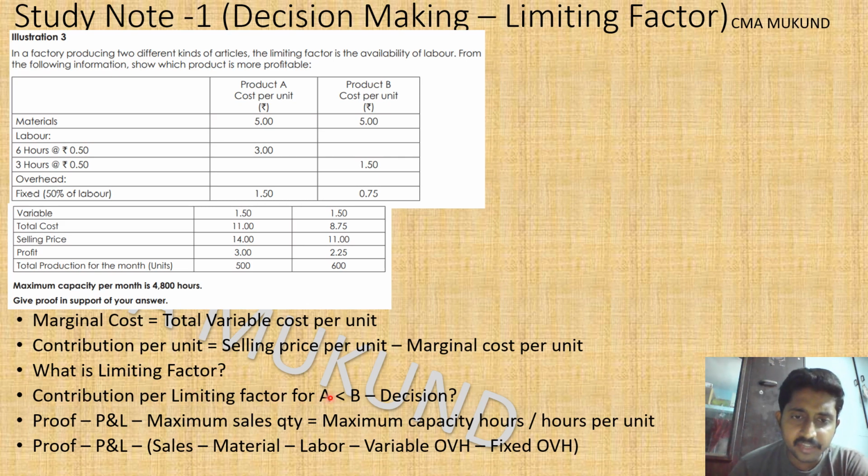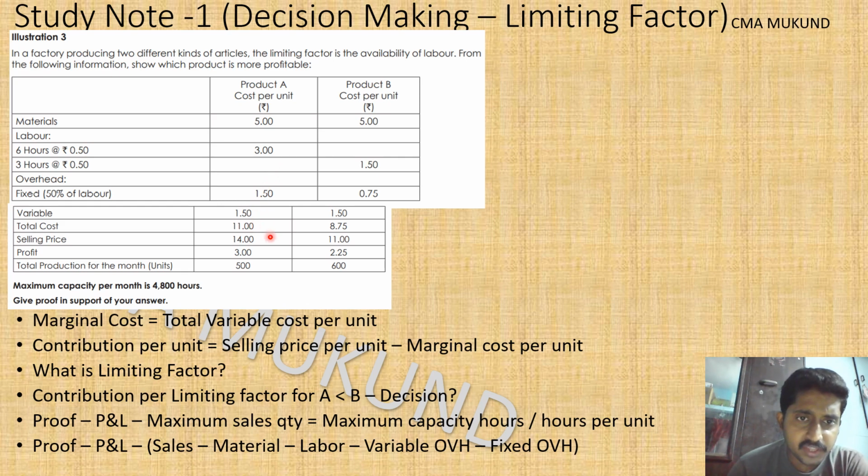Contribution per limiting factor. Here we can find the contribution per limiting factor. Selling price is 14 rupees, minus material cost, minus labor cost, and minus other variable cost.